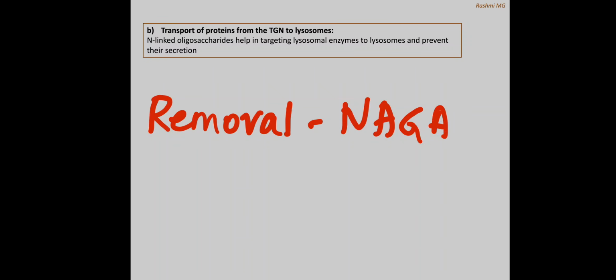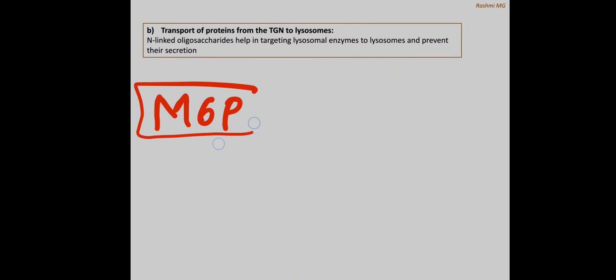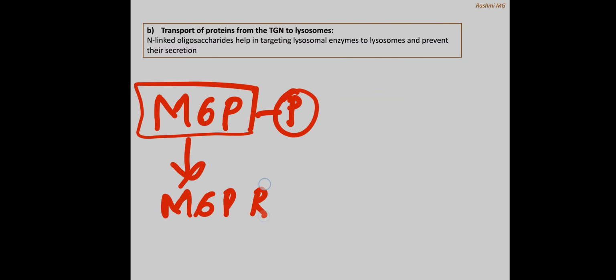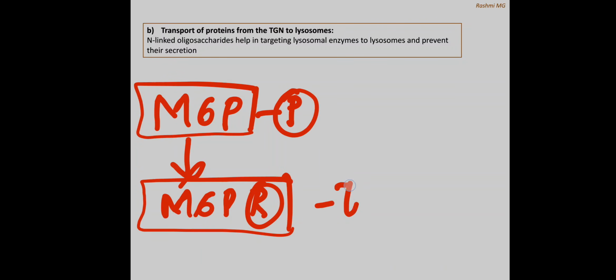The M6P of the protein will bind to the M6P receptor, which is present inside the trans-Golgi network.